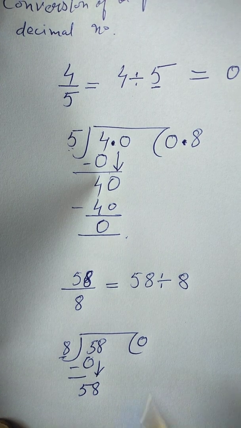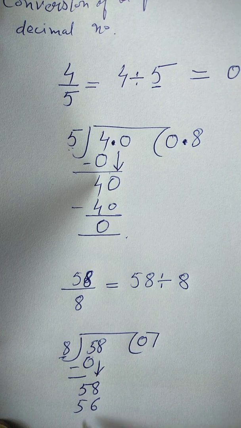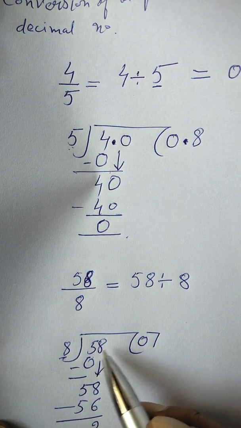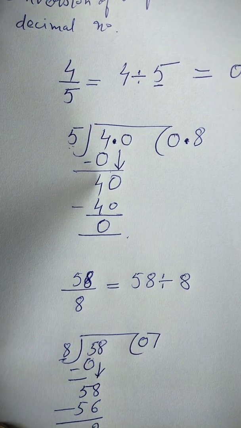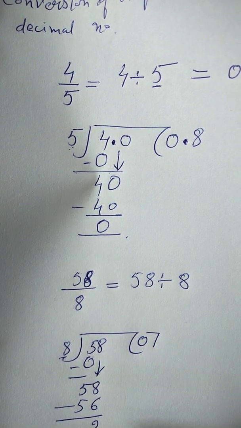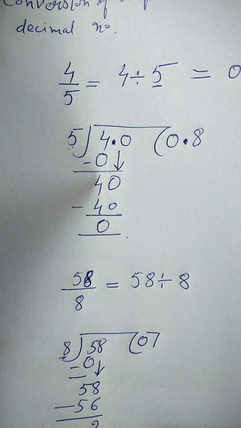Now it's 58. Now again recite the table of 8. 8 sevens are 56. Subtract it, you will get 2. Now we have remainder 2 left. So what do we have to do? What's the key concept of the division of decimal number? That no remainder should be left.